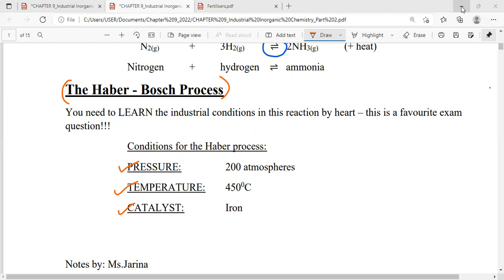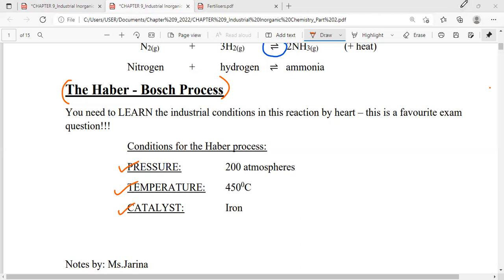Some students don't bother to write what the 200 atmosphere is. You don't have to write a full sentence, but at least write pressure, like how it is in the notes. Pressure 200 atmosphere. Temperature 450 degrees Celsius. The unit is important. Catalyst iron. Instead of just writing 200 atmosphere, 450 degrees, it is better to denote what you are talking about.